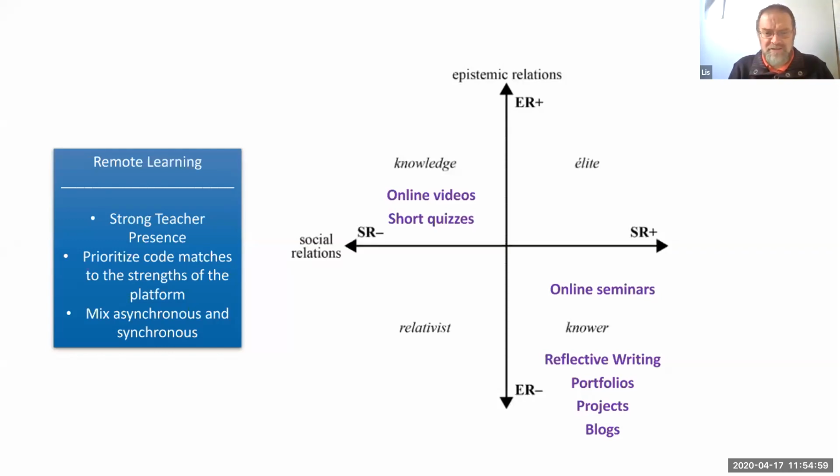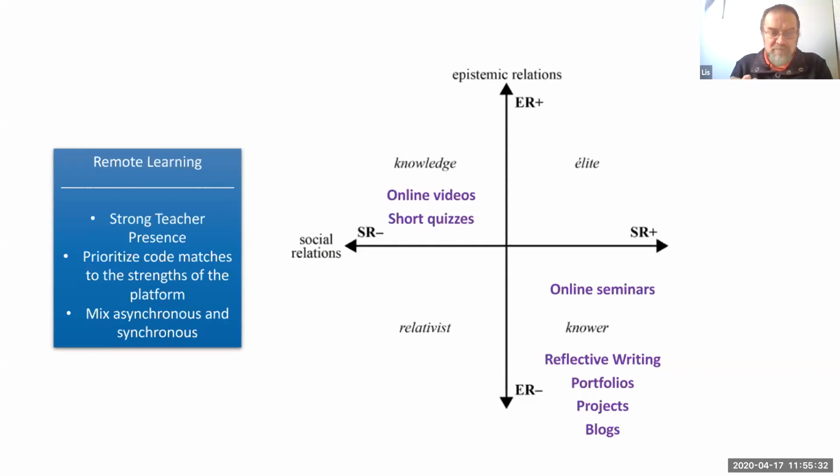I think also a lot of that work would depend on reflective writing, building a portfolio of work, perhaps major projects if you're doing coding work, for example, or getting students to do blogs. So I think we need to get really creative, thinking not just of how to teach online, but also what we are going to teach and what is the best way of teaching it to give the greatest amount of epistemological access to students, even if they can't access it straight away.